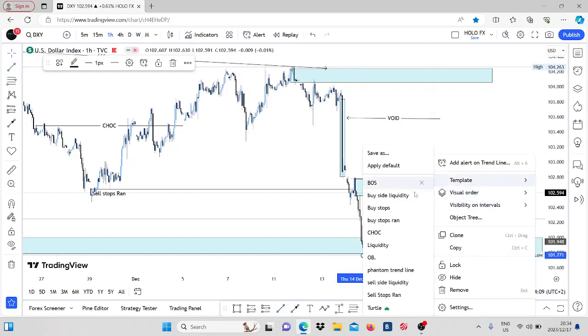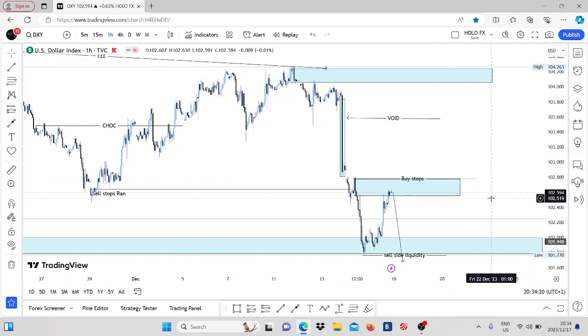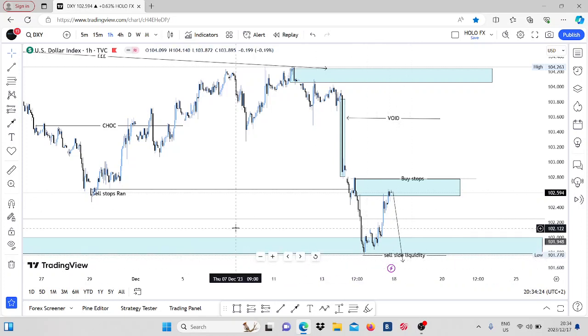Sell stops, right? Sell side, sell stops, sell side liquidity. I have a strong feeling also that price might come and sell here.